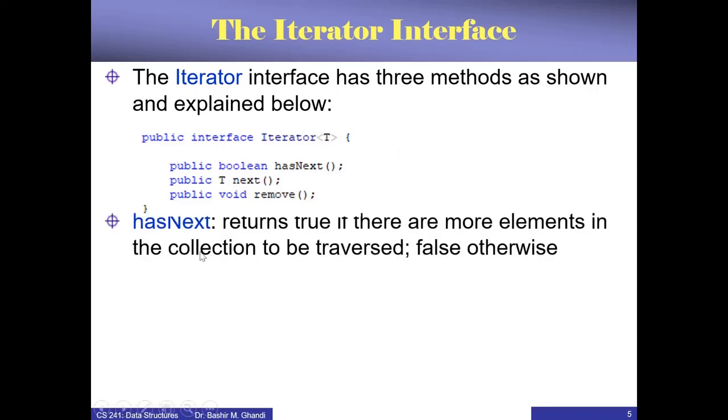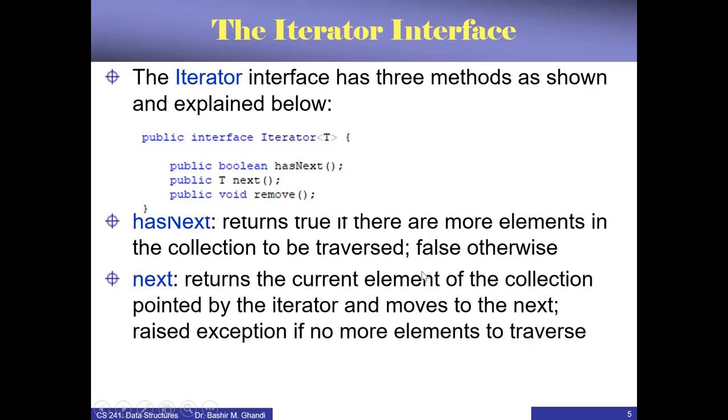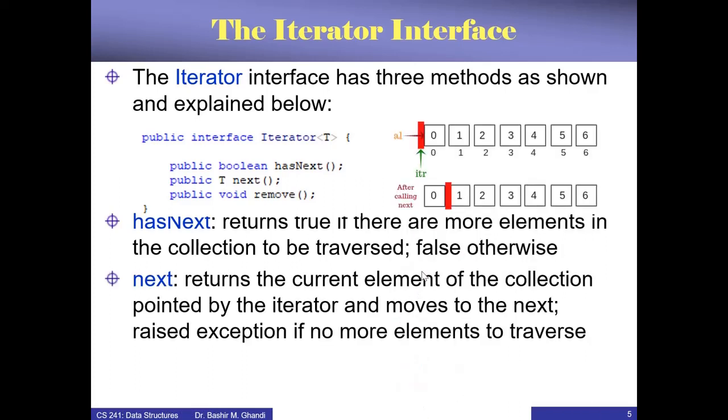Starting with the hasNext method. The hasNext will return true if there are more elements in the collection to be traversed. It will return false otherwise. Let me show you this diagram because that will explain better. When you first get an iterator object from a collection, you should imagine that the iterator object is like a pointer, similar to the temp pointer that we have been using to traverse through our linked list.